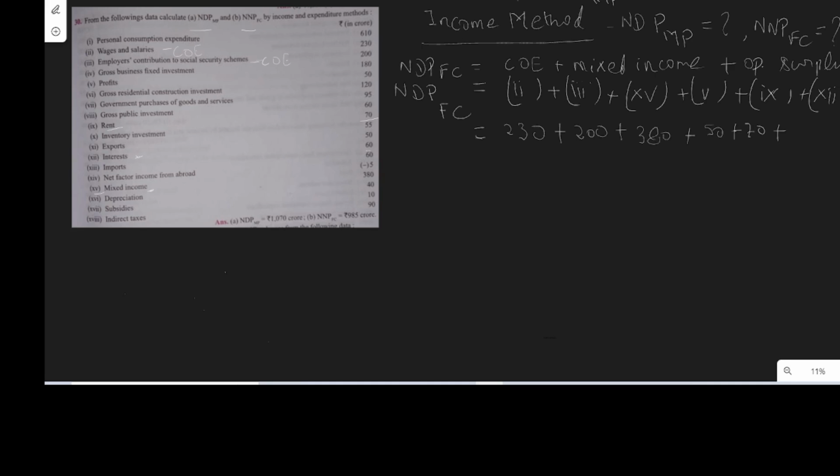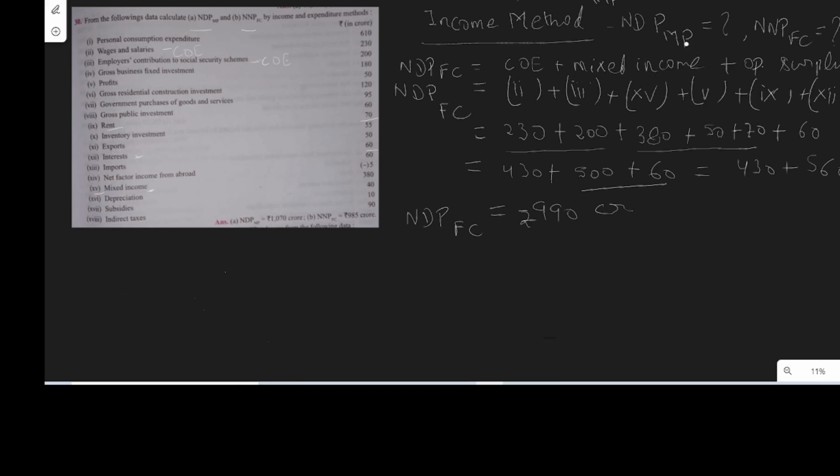Interest 60. Now we simply have to add these things. 230 plus 200 is 430. 380 plus 50 is 430. And 430 plus 70 is 500, plus 60 is 560. The total is 990 crore rupees. This is NDP at factor cost.